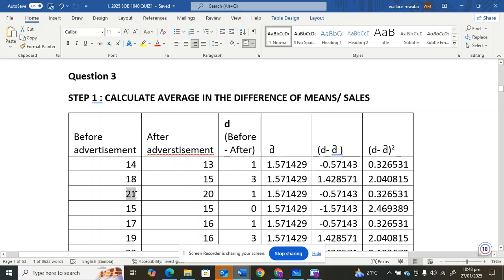This other one, sales before advertisement, 21. Sales after advertisement, 20. 21 minus 20, 1. Any questions? We haven't yet found the average. First, you subtract, subtract, subtract, then you find the average.